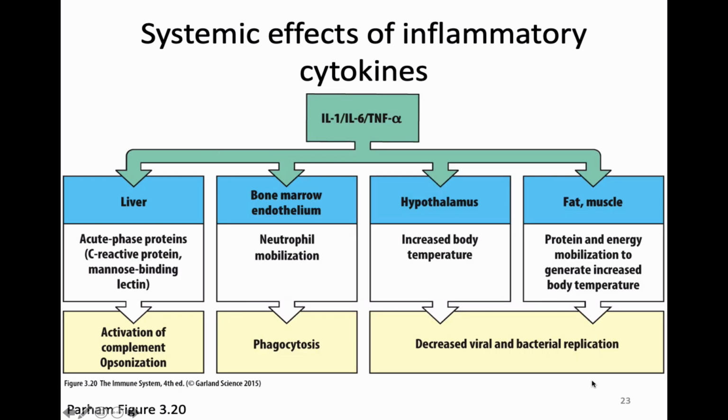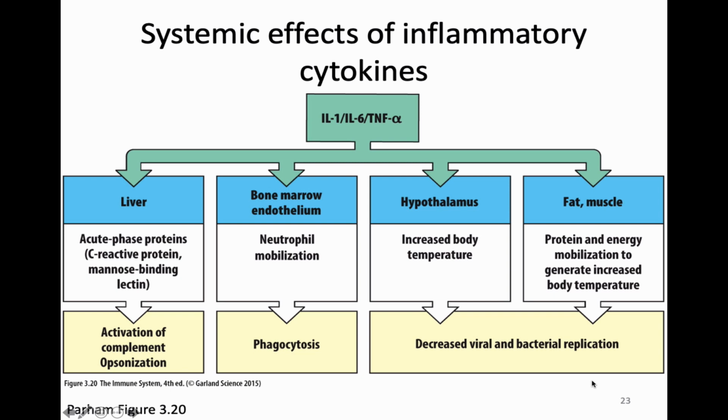One other big thing that will happen as a result of inflammatory cytokine activity will be some type of interaction of those cytokines with the brain, particularly the hypothalamus, as well as with fat and muscle. And that will involve changes in metabolic processes and also a change in a homeostatic set point to increase body temperature.